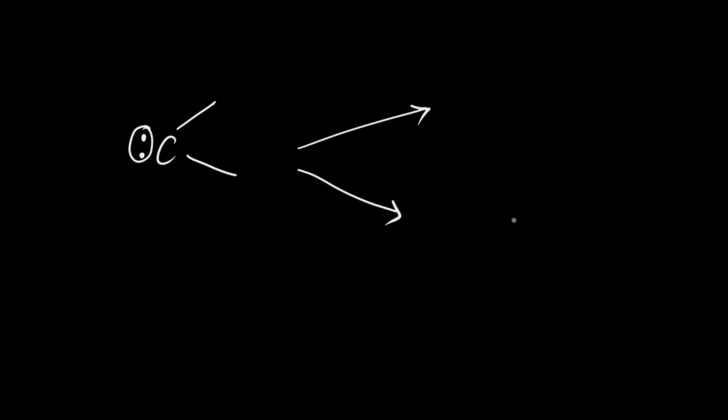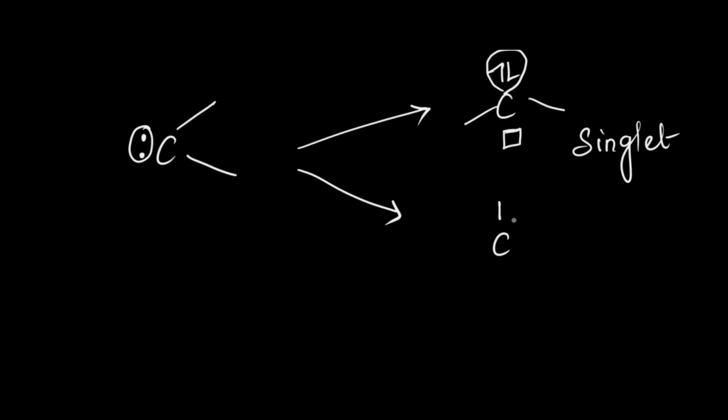One is singlet carbene, where the electrons are in the same orbital. This is the empty orbital produced in the above reaction, and both the electrons are in the same orbital, that is called singlet carbene.